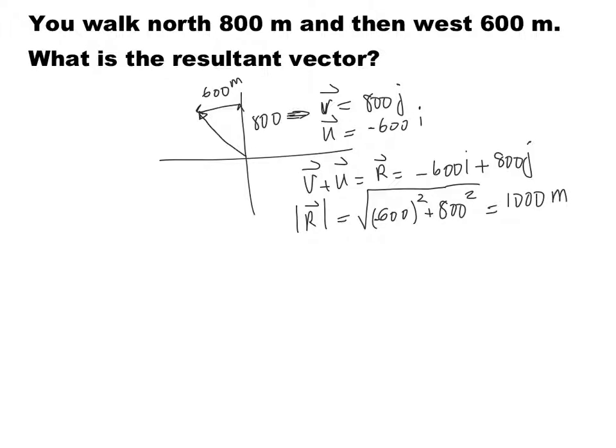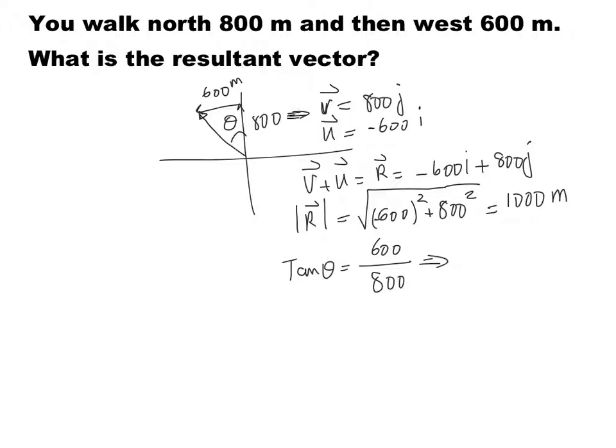And if we denote this angle as theta, we can say that tan theta is 600 divided by 800. Remember, we are not going to use negative 600 because we know that the angle theta is in the second quadrant, so we use the measure of length opposite it, which is 600, divided by adjacent, which is 800.